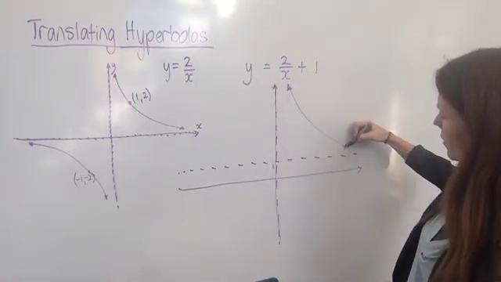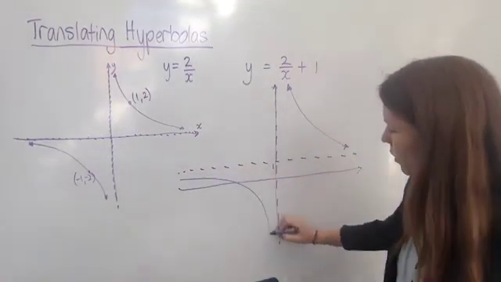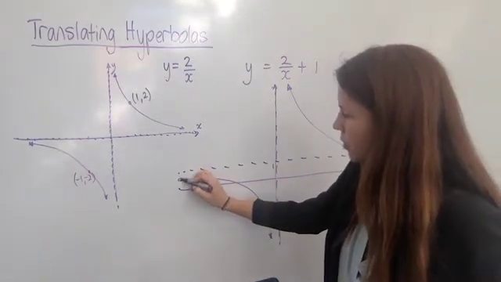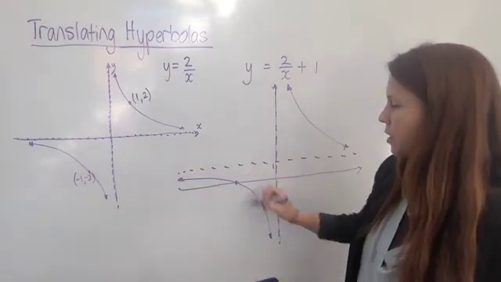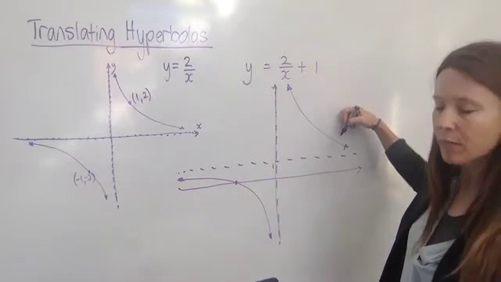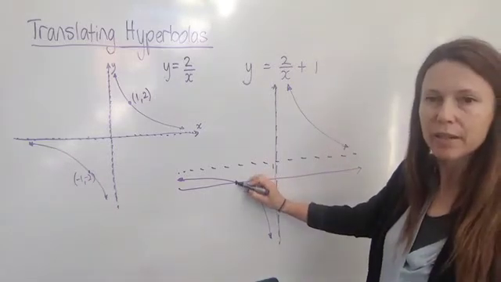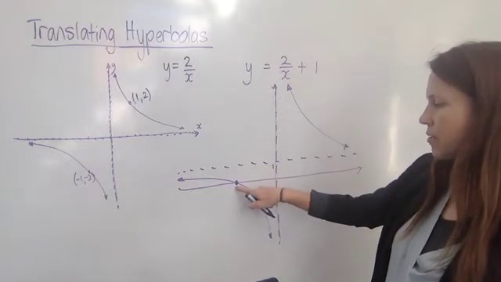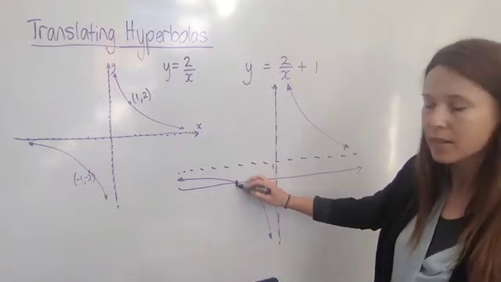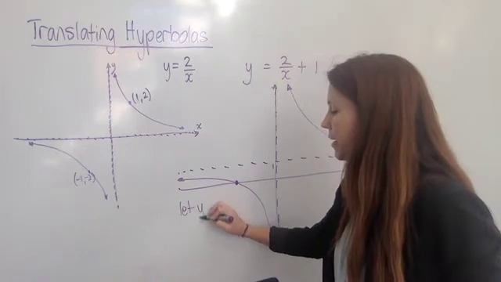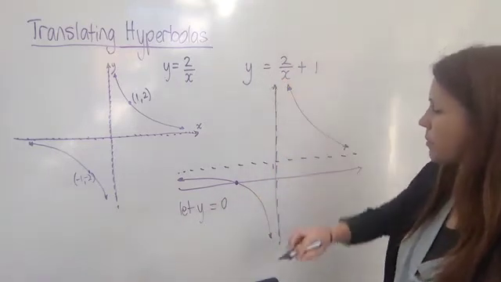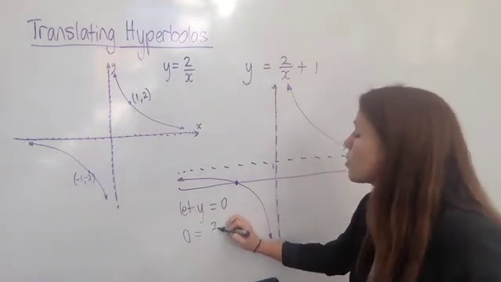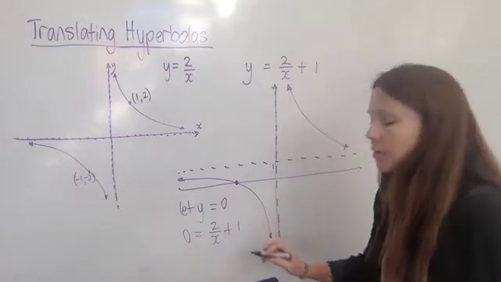This one will have no intercepts at all, and this one will have an intercept right here. So we'll need a point on this arm, and we'll need to figure out what this point is here. So let's figure out this one first. For this one, we need to say, well, it's an x-intercept, so we need to let y equal 0 and see what x comes out as. 0 equals 2 over x plus 1.